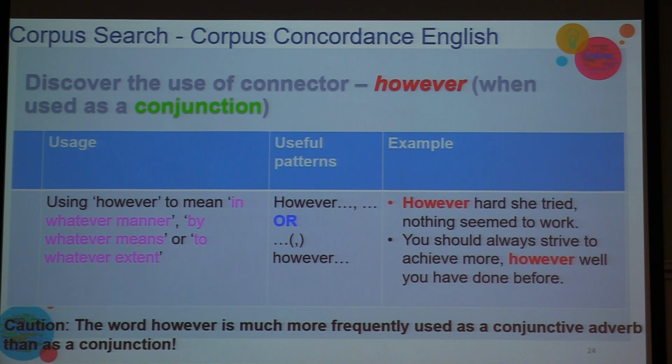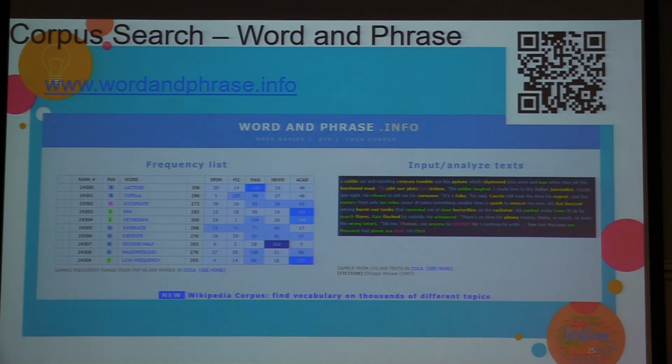And from this corpus search, I hope you know that we do not just pay attention to the keyword or the one word to the left or right of it. Also pay attention to the punctuation before and after the word. Sometimes it gives us a clue about the use pattern of a particular keyword. So this is about LexTutor.